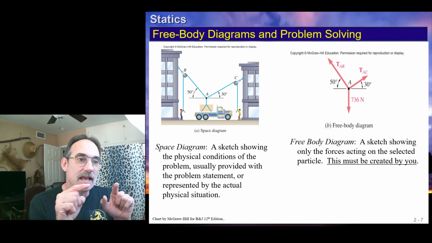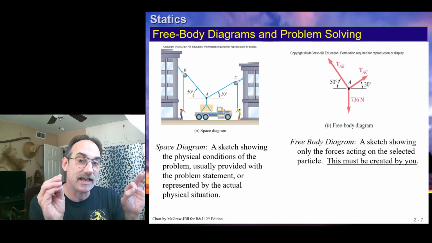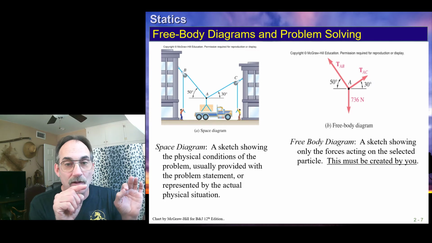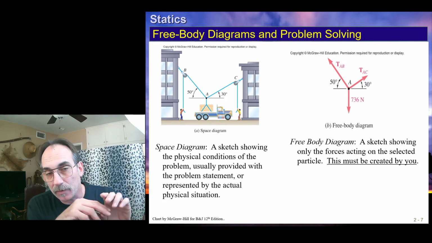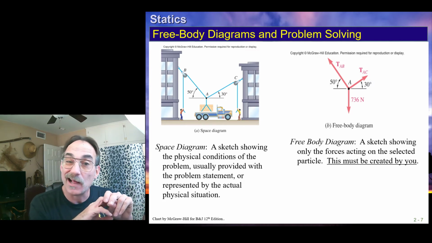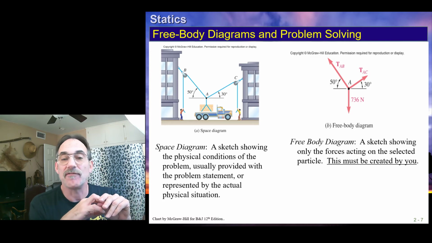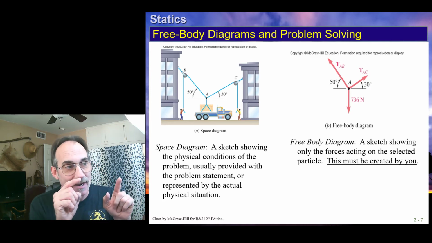Got it? If we fail to recognize any of those things, then we will fail to solve the problem correctly, regardless of how good we are at algebra, because our foundation is bad.